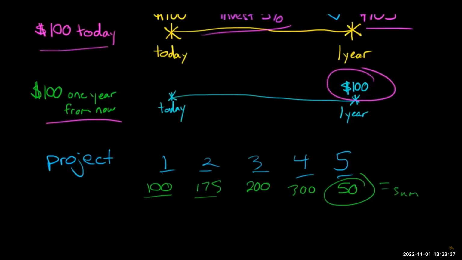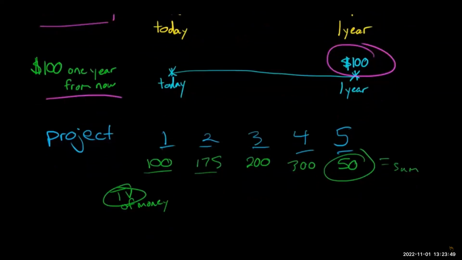So what we're going to do is account for the time value of money. We're going to say, what if we earn a 5% interest on all our investments? Then we can figure out what that $50 5 years from now is worth in terms of today's dollars. And when we do that, it's called discounting cash flows.